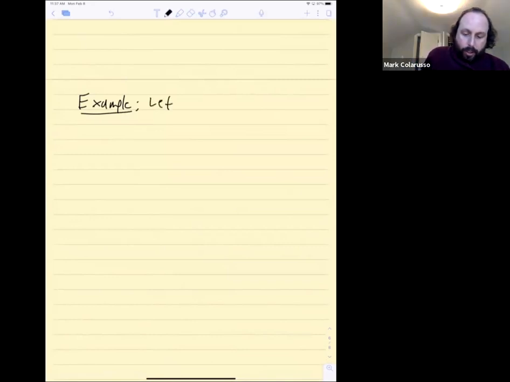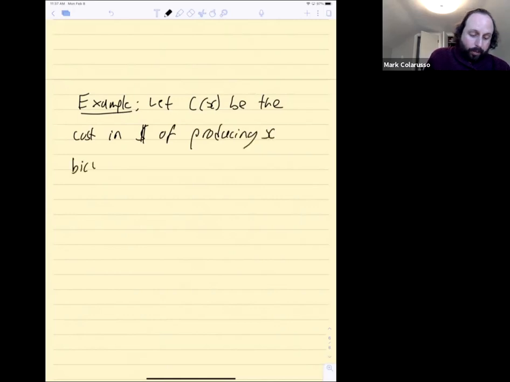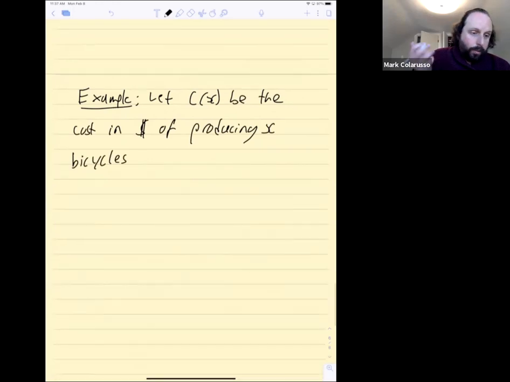So let C of X, my C's and my parentheses look a little too similar. Let C of X be the cost in dollars of producing X bicycles at some plant.